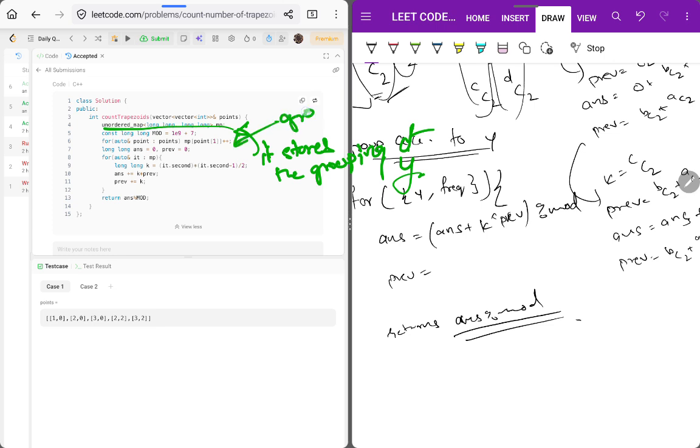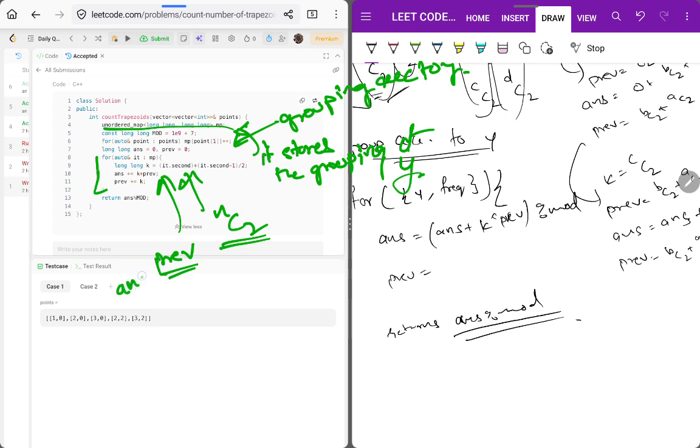Here we are grouping according to y. Here we are computing NC2. Once we have computed NC2, we multiply it with the previous and add it to the answer, and then we update the previous for further operations.